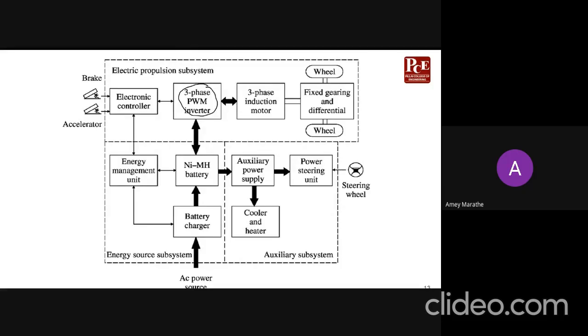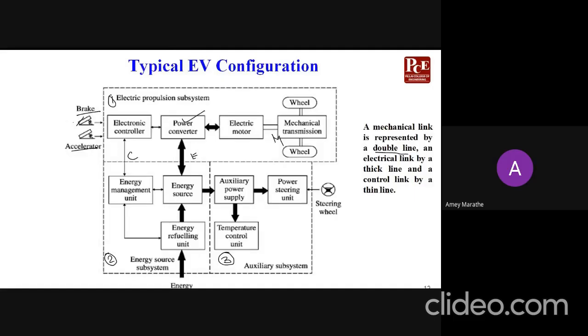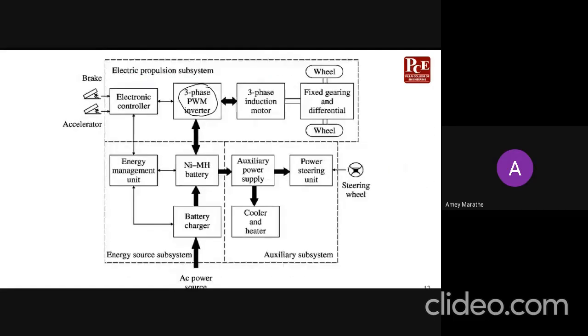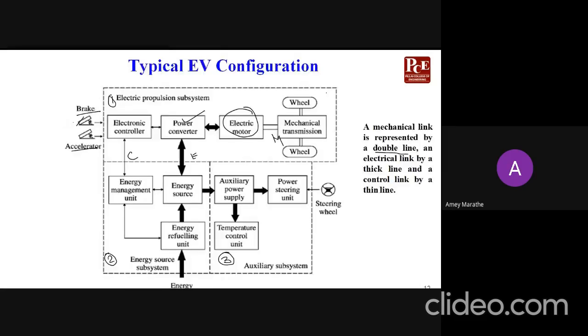Instead of the electric motor, we have a three-phase induction motor. And instead of energy source, we have a nickel metal hydride battery. Nowadays we use lithium ion battery. So you just change this diagram and you will see that.